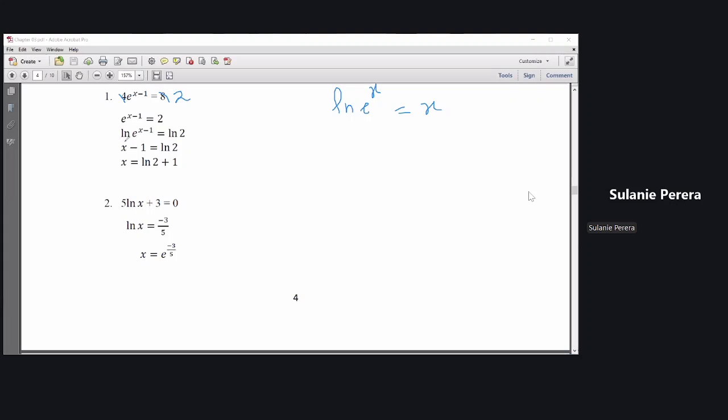So we take ln on both sides, not just on one side, on both sides. So if you take ln on both sides, you have ln e to the x minus 1 equals ln 2. And from here ln e to the x minus 1 is x minus 1, so x minus 1 equals ln 2. So x equals ln 2 plus 1.